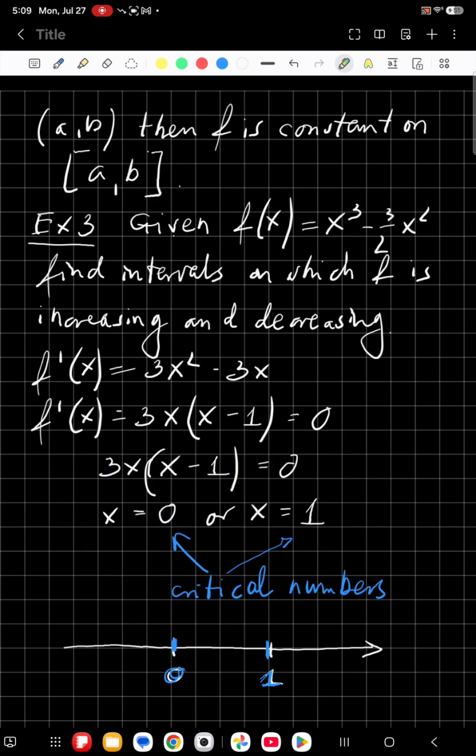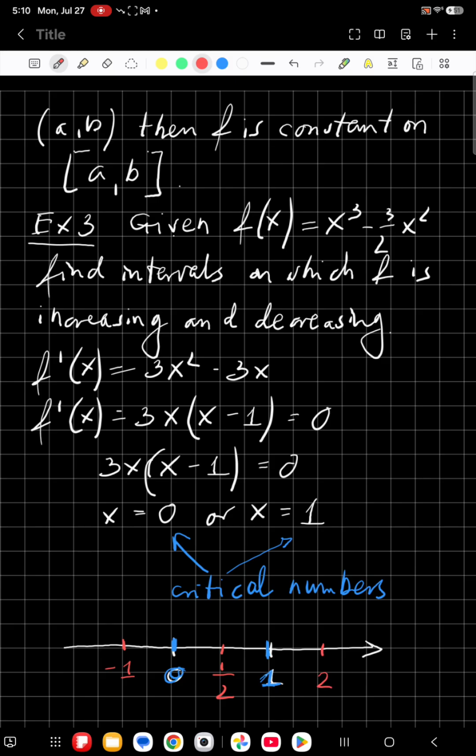Okay, so what we'll do, we'll pick what I'll call testing points. So this could be -1. This could be any number as long as it's to the left of 0. And then maybe this one, half, and then this one, 2. So these are testing numbers.